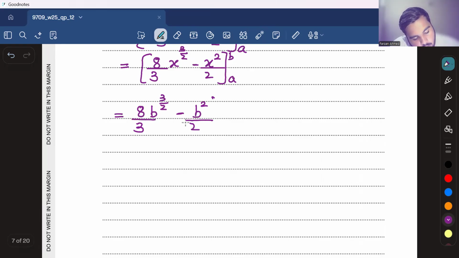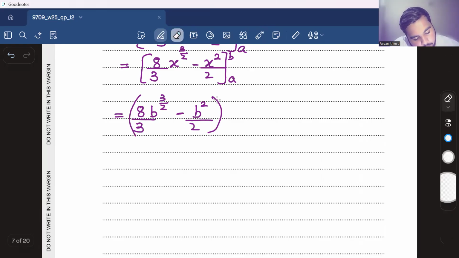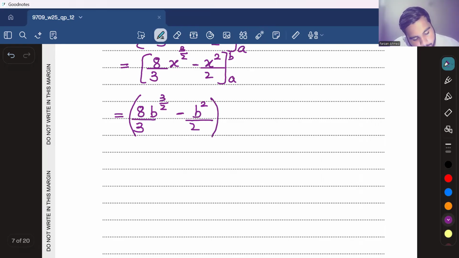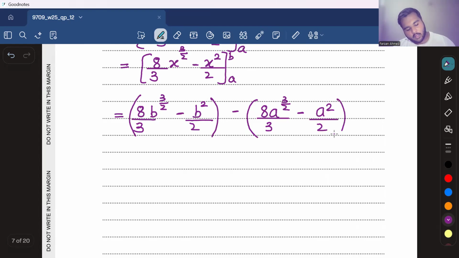This is the first bracket, and minus another bracket of 8 upon 3 a to the power 3 upon 2 minus a square upon 2. So from here we have got the equation now.